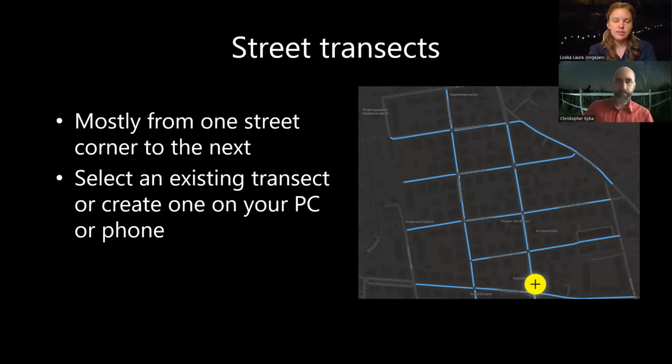The transect runs mostly from one street corner to the next. As you can see in the picture on the right, a street can be made up of multiple transects. Then you can pick the street transect you want to count and count all the lights that are on that transect at that moment.